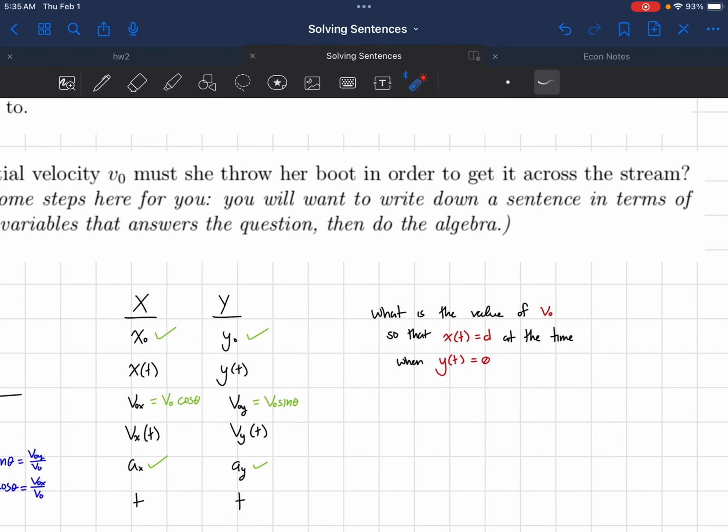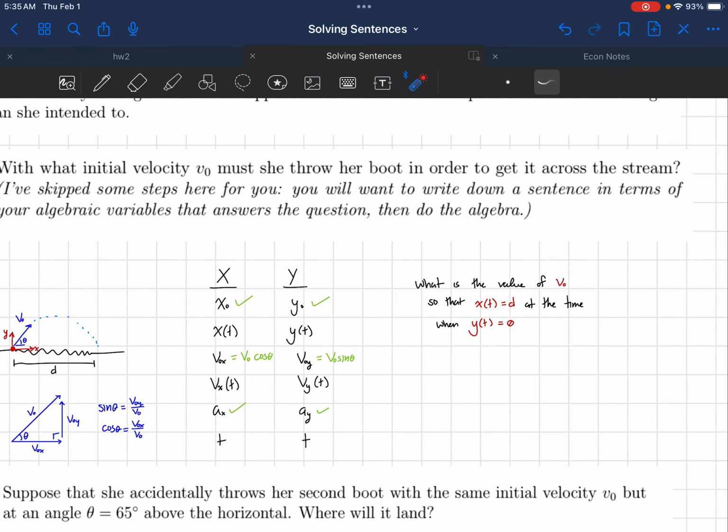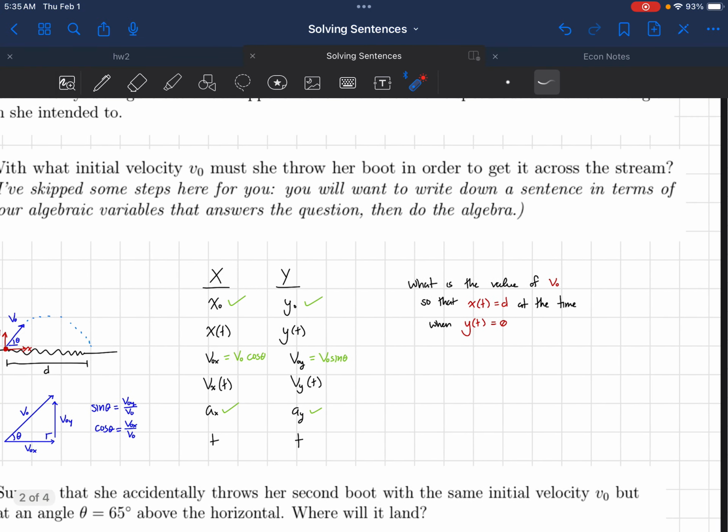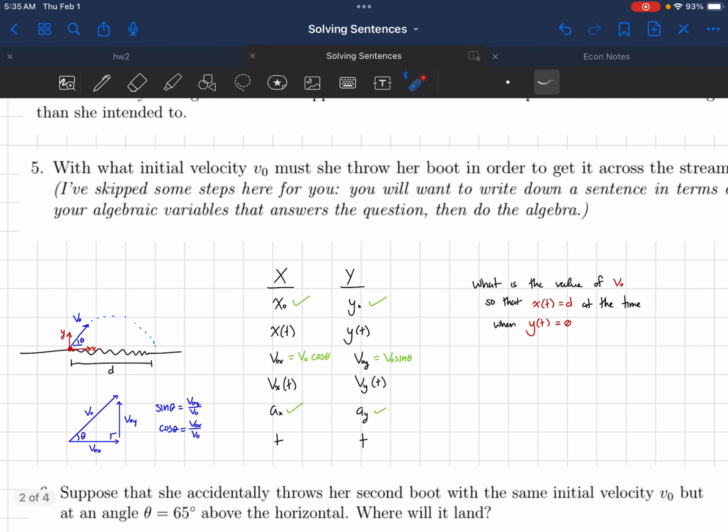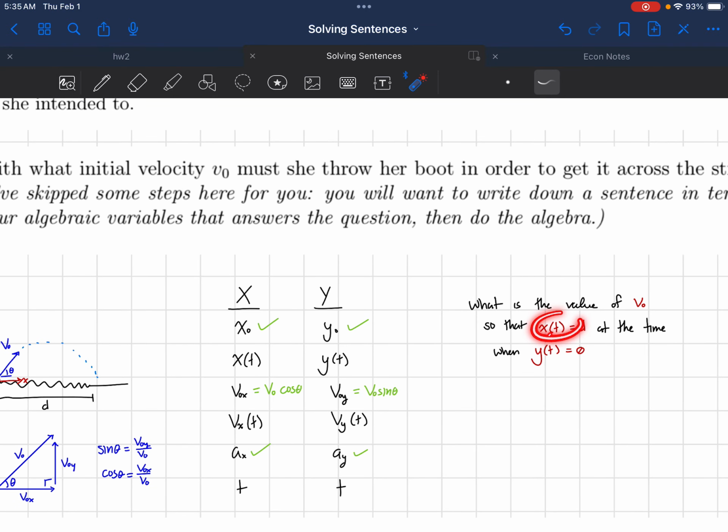But in this case, we're going to get an expression of t in terms of my initial velocity, so that when I plug it into my x of t, I'm not plugging in a number, but I'm plugging in something that only depends on v naught, so that my final equation will only depend on v naught, and I can solve that equation for v naught.